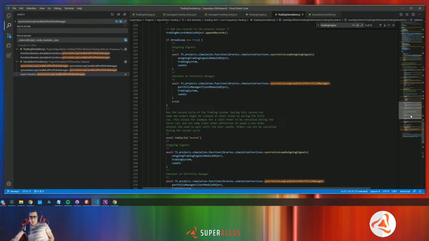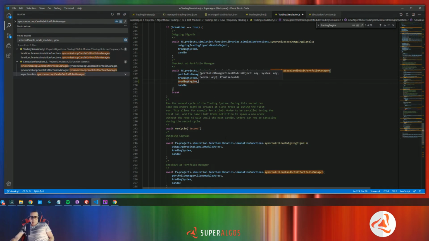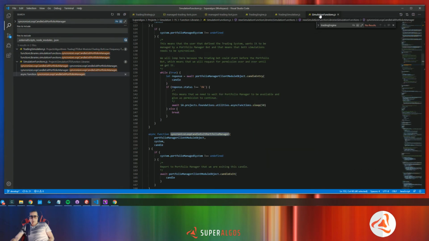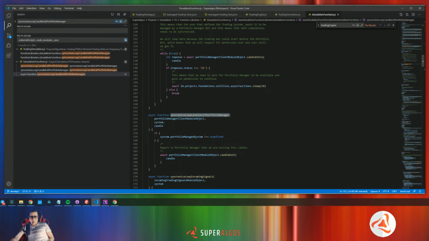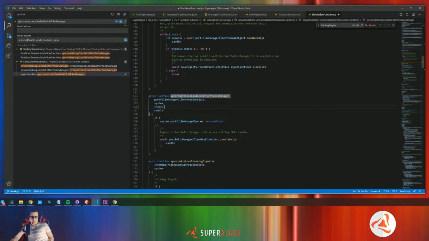Since I'm sending the trading system, I can do this and this. System engine.